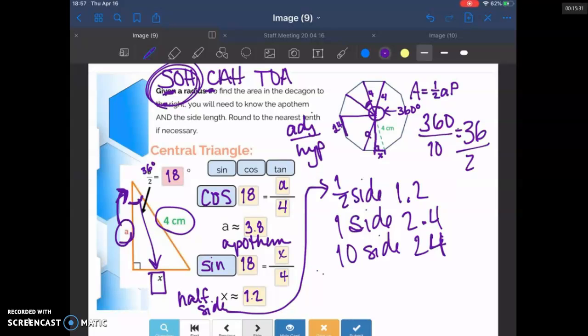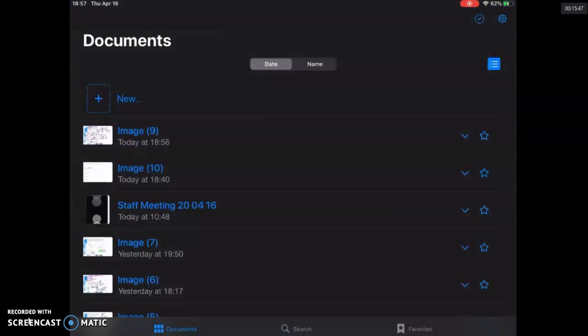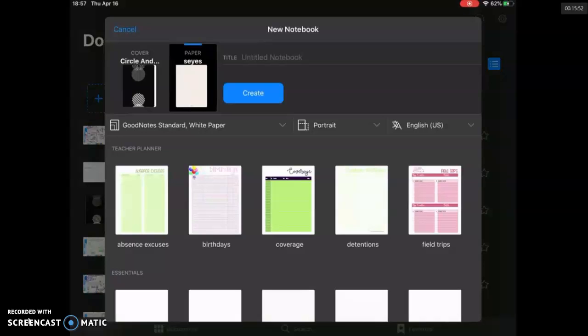Now that we know our perimeter, the perimeter of our decagon, the last thing we need to do is just go ahead and solve it. So what do we know? Here, I'm just going to get a clear piece of paper.